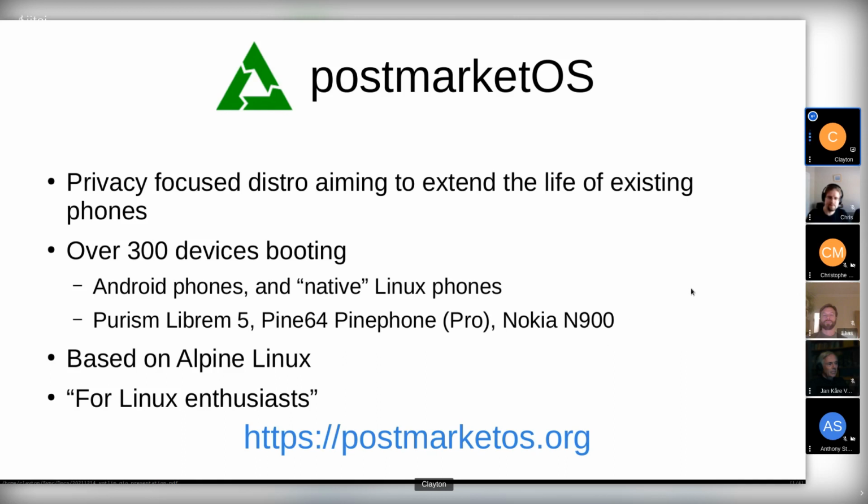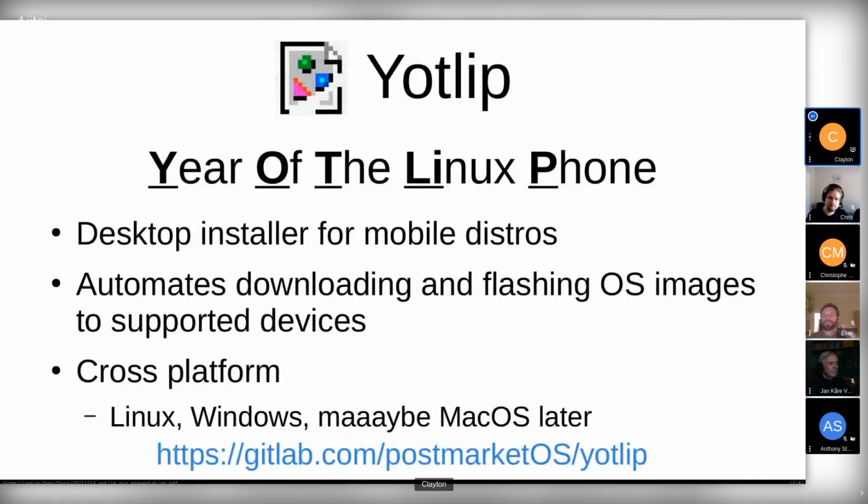So yeah, one of the problems is that it's not super easy to install our distribution onto existing phones, whether it's an old Android phone or one of these native Linux phones. And so I've been working on a desktop installer for basically doing this.